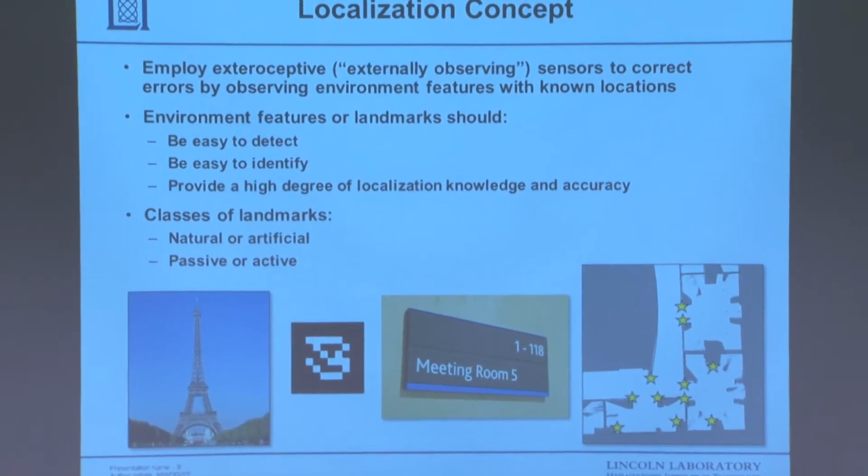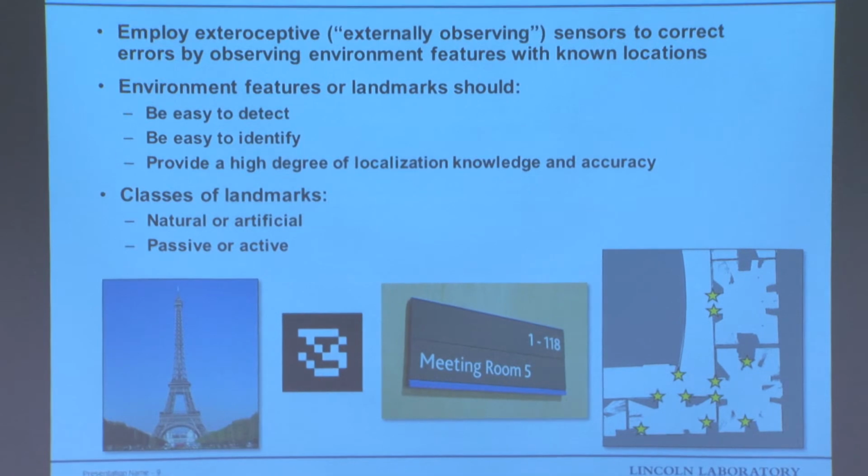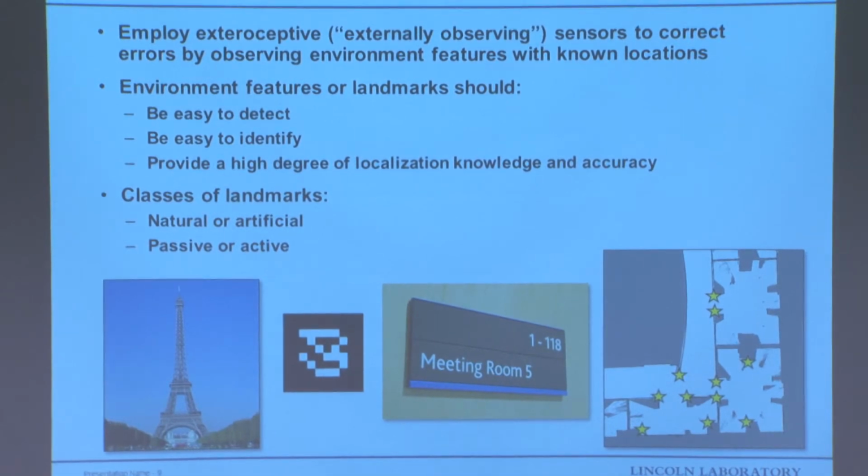We probably all know exactly where that landmark is. There's not too many other landmarks that look like that. Maybe there's one in Las Vegas. But for the most part, that is a unique landmark. We also want to be able to easily detect landmarks. So we don't want to choose landmarks that are hidden that we can't discover. And then where possible, we want those landmarks to be informative.